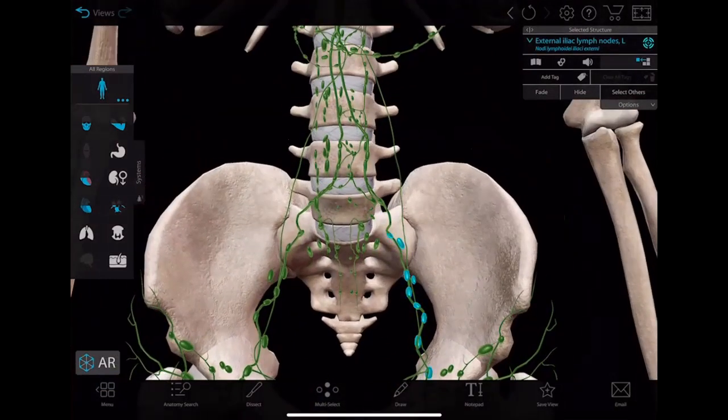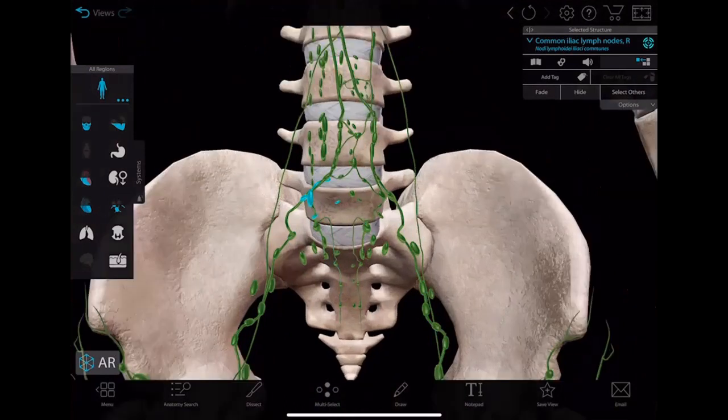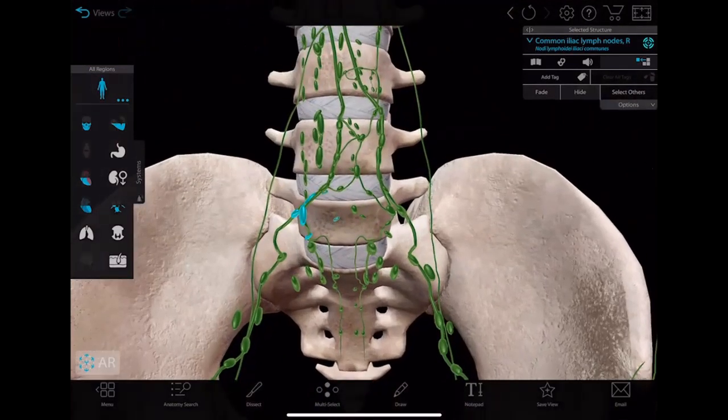So those are external iliac. These are sacral lymph nodes. And the selected structures are common iliac lymph nodes.